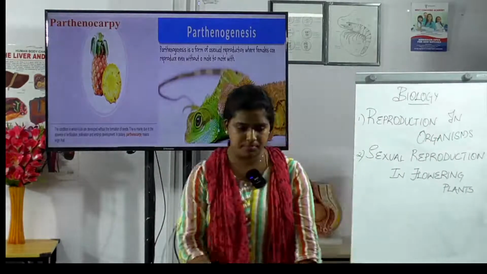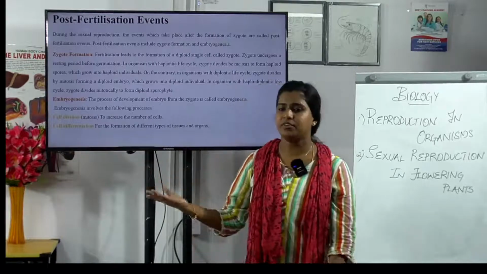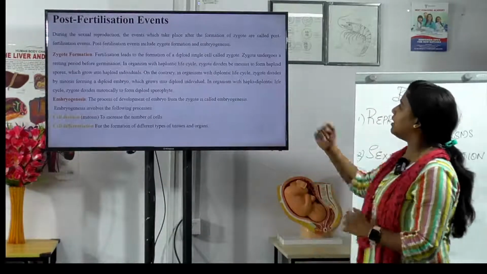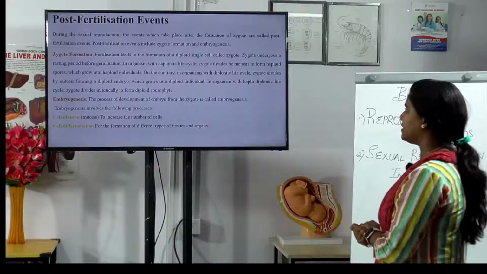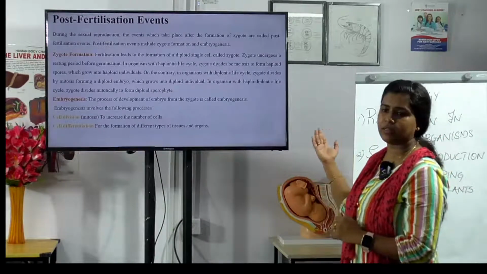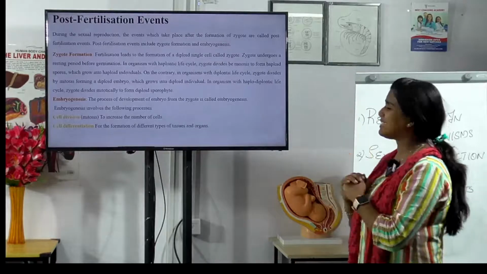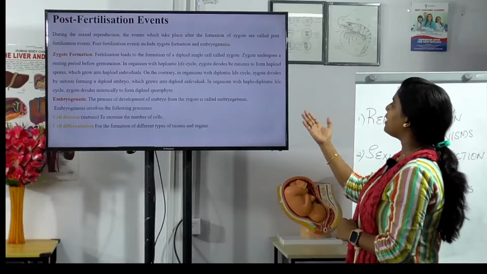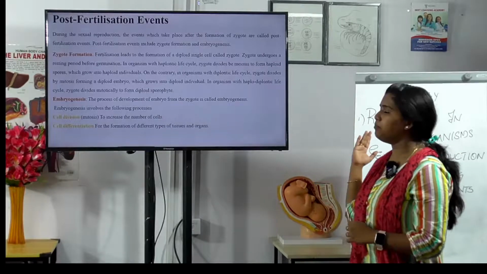Now, what happens after fertilization? There are two events: one is zygote formation and another is embryogenesis. Zygote formation means fertilization leads to the formation of the zygote. This zygote undergoes a resting period before germination. In organisms with a haplontic life cycle, the zygote divides by meiosis to form haploid spores, which grow into haploid individuals.